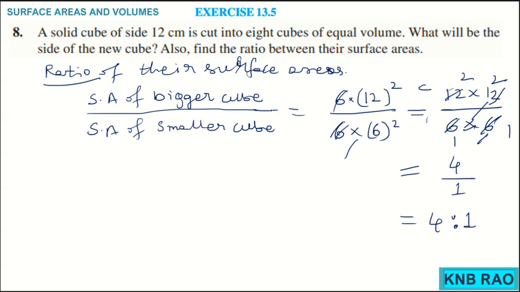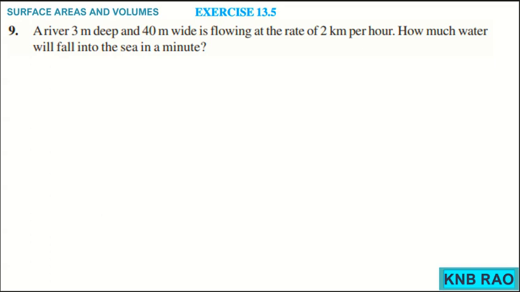So after clarifying this doubt, I'll move on to the next question. Question number 9. See children, I gave you this question as homework yesterday. A river 3 meter deep, 40 meter wide is flowing at the rate of 2 km per hour. How much water will fall into the sea in a minute?